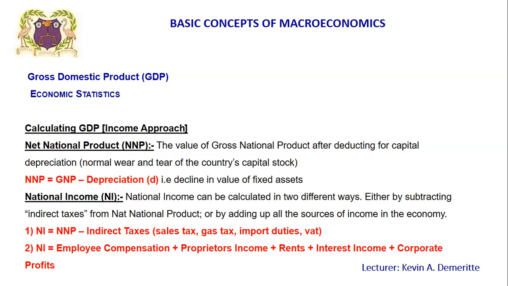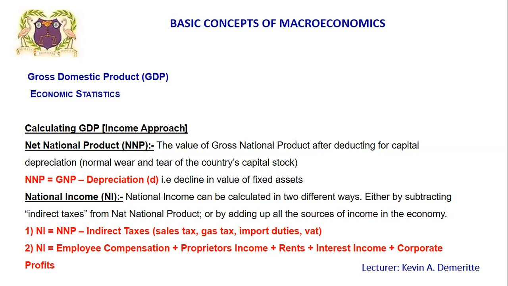Now, the next step then is to calculate national income. And we will look at two ways of calculating national income. Right? One way is that you can take that net national product that we just calculated, and we subtract from that what is called indirect taxes.